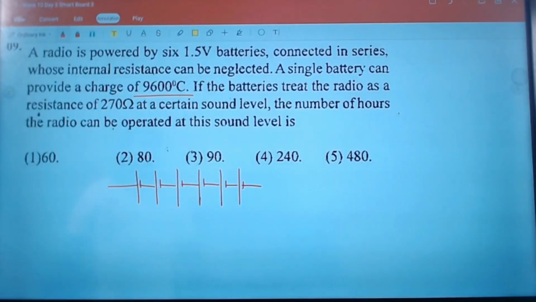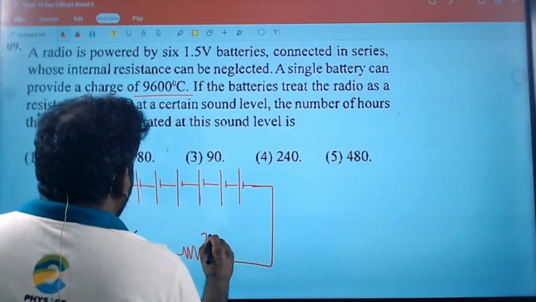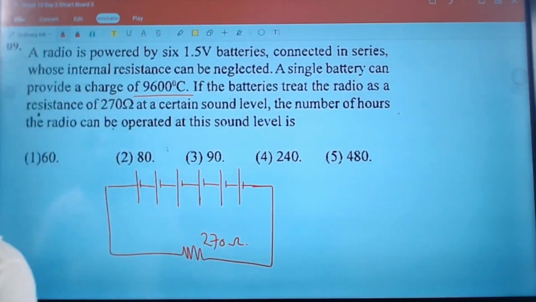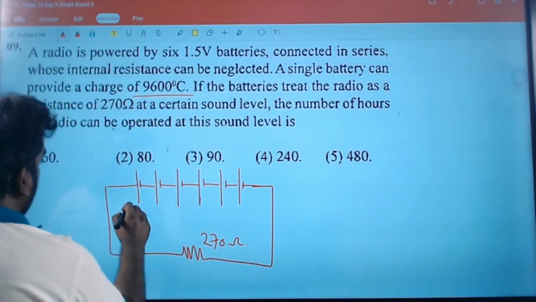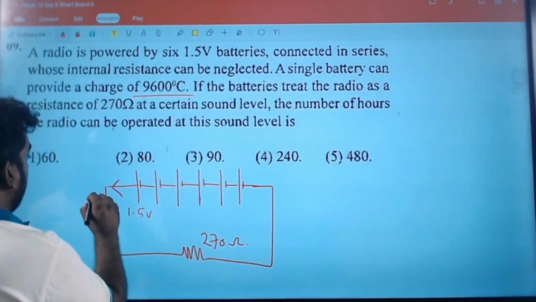If the batteries treat the radio as resistance 270 ohm, at a certain sound level, the number of hours the radio can be operated at this sound level is. So 1.5 volt, no internal resistance also, let's find the current in the circuit.